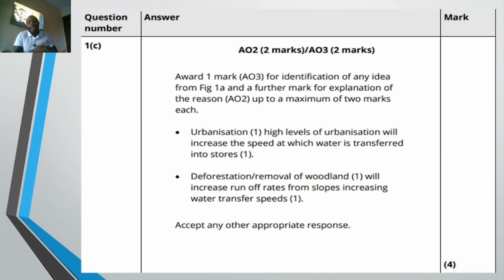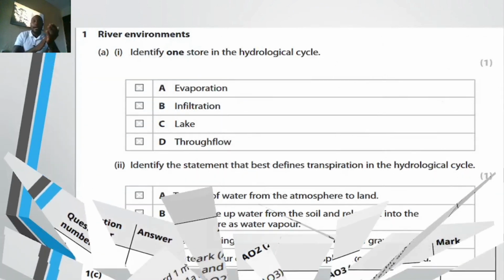Remember, when you cut down the trees, the soil is left bare, so water won't be prevented from flowing, so it will be flowing faster. So it will increase the surface runoff, okay? So it will increase the water transfer speeds. You've explained that. Understand? So if you talk about this, then you're going to get your answers right.